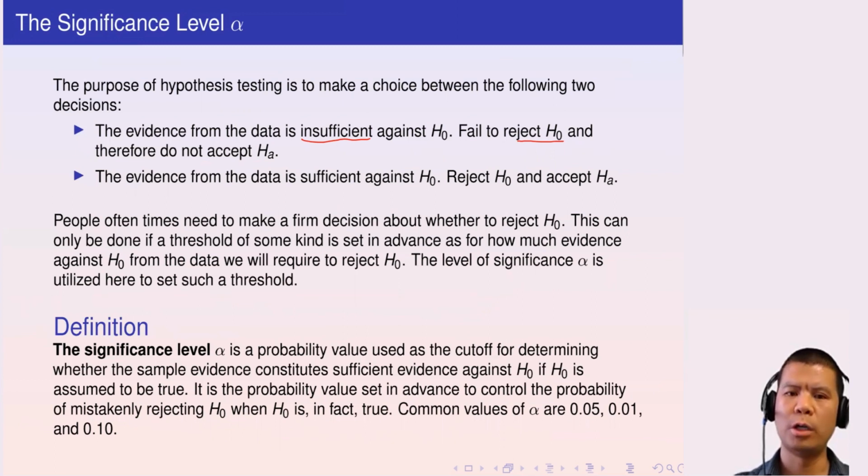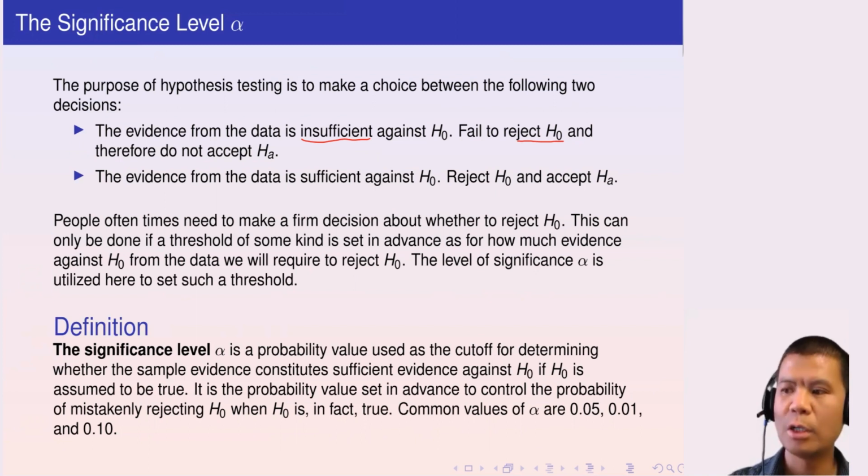Now in the court trial, right? Defendant is innocent is H0, defendant is guilty is the alternative hypothesis. Now, if the evidence against the null hypothesis, which means the defendant is innocent, is not enough, is not strong, right?